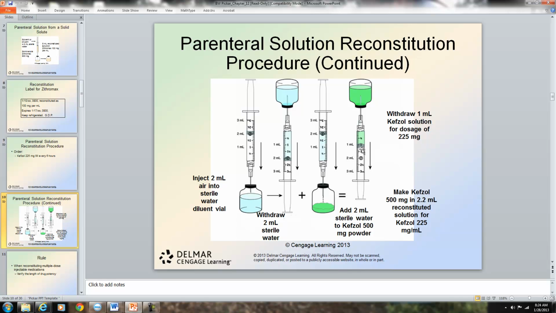And then you draw out 1 milliliter for the dosage, 225 milligrams per milliliter.